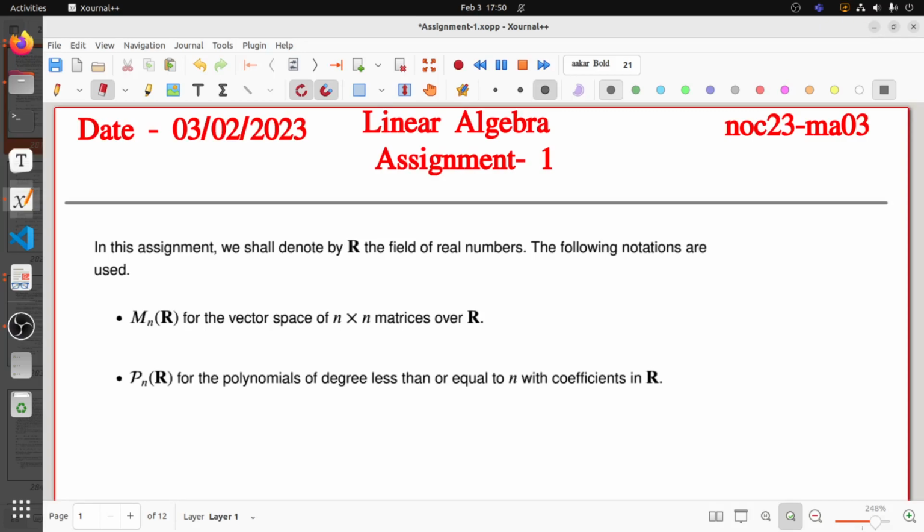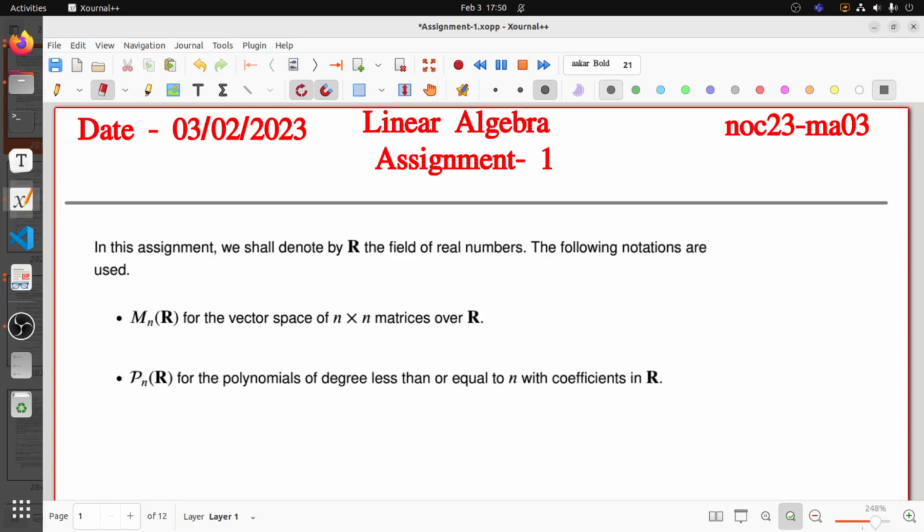What is (P1 plus P2) star? It's given that P1 plus P1 star is 0 and P2 plus P2 star is 0.